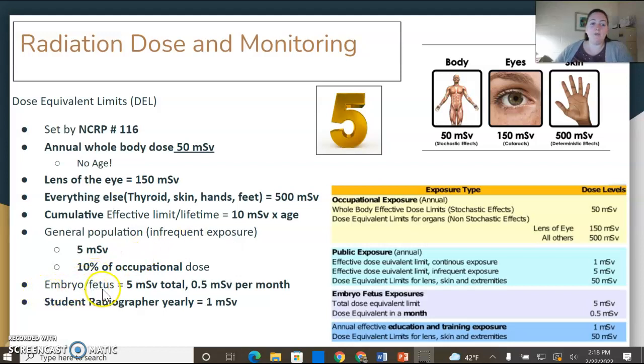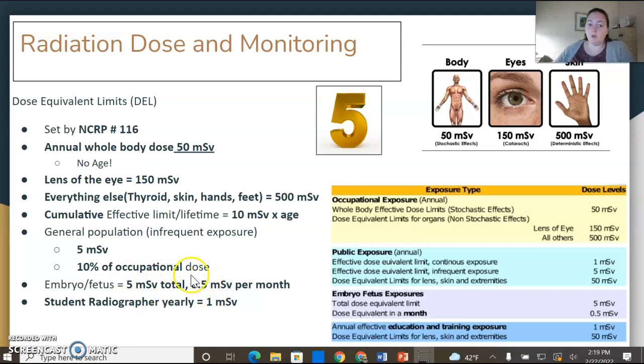Right? Embryo and fetus. So as a pregnant technologist, I had to wear 2 dosimeters, and one was up here by the collar and one was down by my waist for the baby. The embryo and fetus can get a total of 5 millisieverts for the entire time.